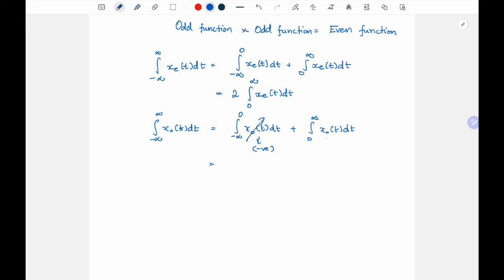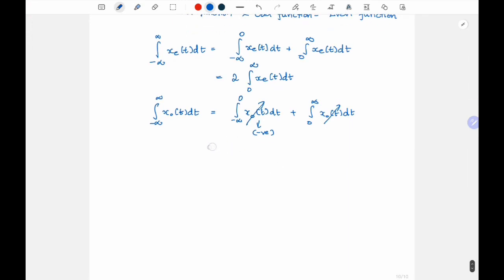If you want a rigorous proof, you can just do a change of variable here from t to minus t. Then this integral will go from infinity to 0. You will get xo of minus t, and dt will become minus dt. So this minus sign will take care of the reversal of the limits, giving the integral from 0 to infinity of xo of minus t dt.